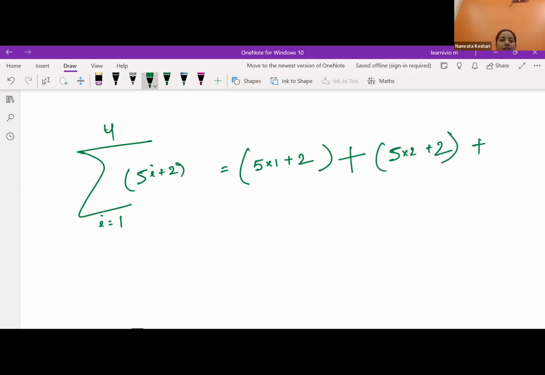I just keep changing i from 1 to 4, so I take the value of i as 1, then 2, then 3, and then 4. Is it clear, Manvi and Nabila?